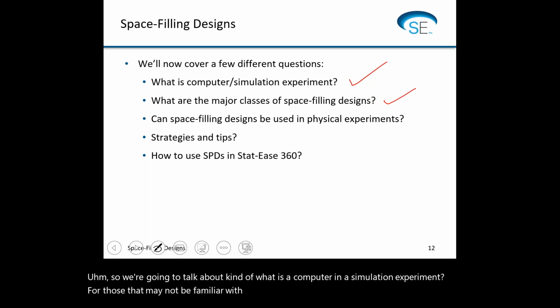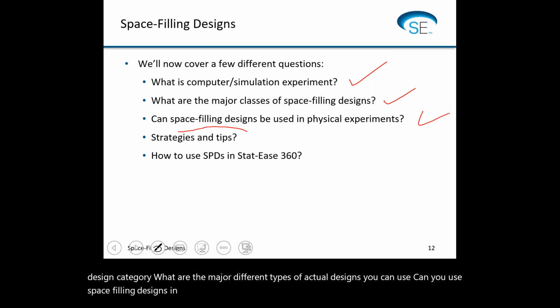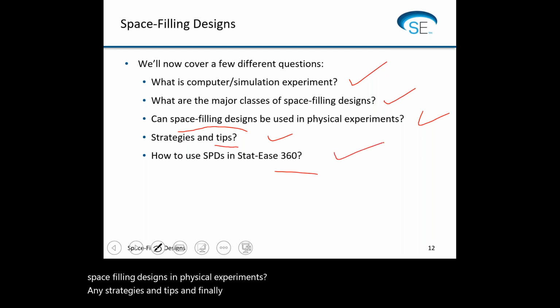What are the big players in the space filling design category? What are the major different types of actual designs you can use? Can you use space filling designs in physical experiments? Any strategies and tips? And finally, how can we use Statist 360 to set up and analyze a space filling design?